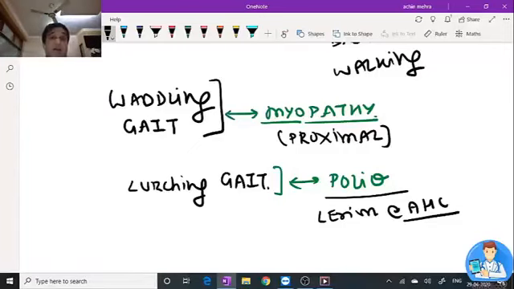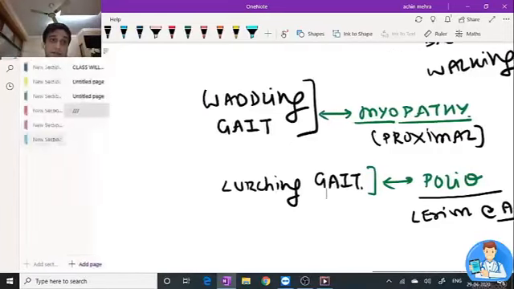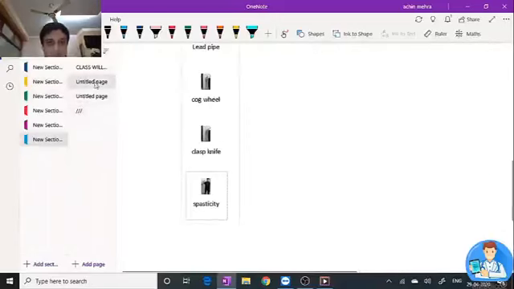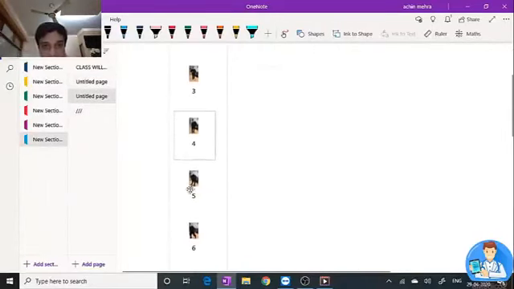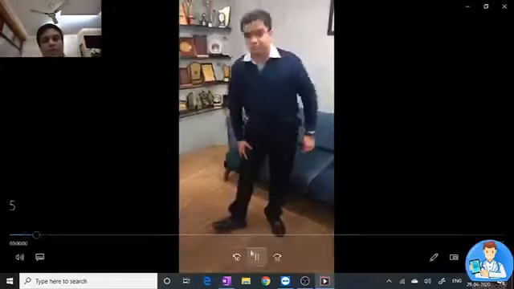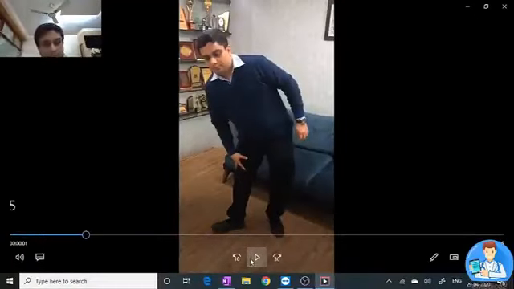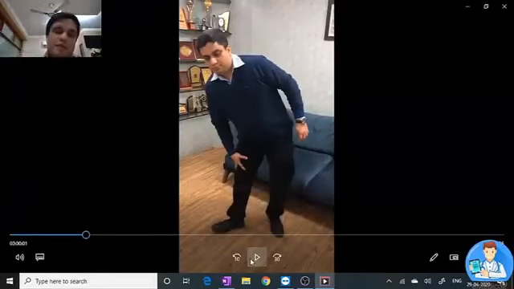Now, why do I call it lurching? What's so different here? I've shown a video that will be better to explain this. Okay. Now, if I'm having polio and the affected side of my body is the right side, what we find is that I'm going to bend towards the weak side, take support by keeping my hand on the weak side, maybe the thigh or the knee joint, right?